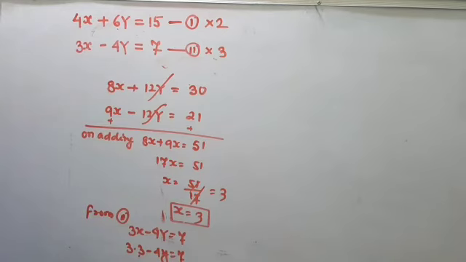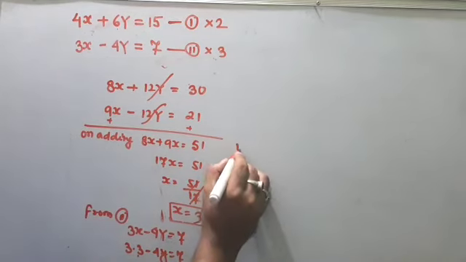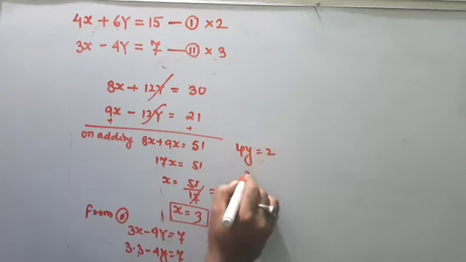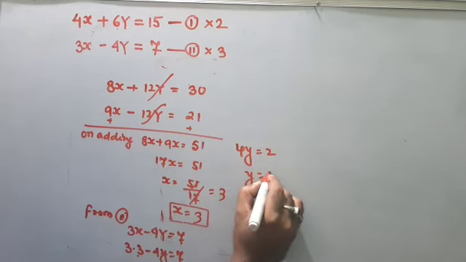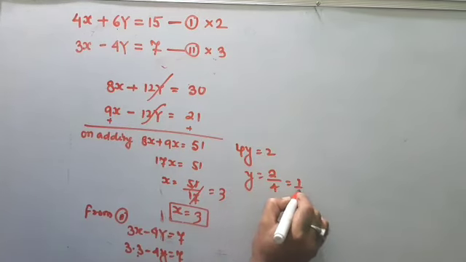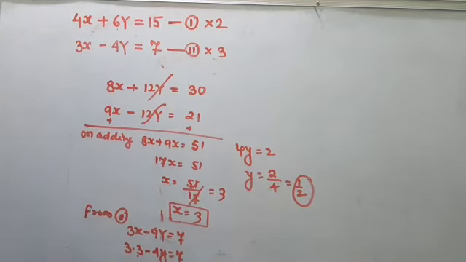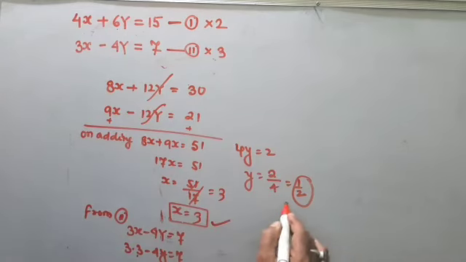So minus 4y is equal to minus 2. Minus and minus cancel, 4y is equal to 2, then y is equal to 2 by 4, that is half. Okay, so that is your x and y. The value of x is 3 and the value of y is 1 by 2.